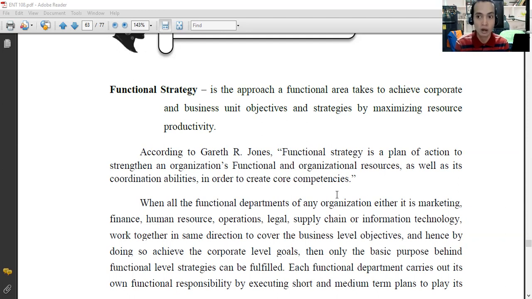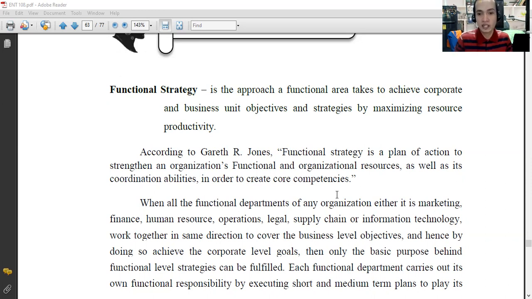We have HR or human resource management, accounting, finance, operations, strategic management, and organizational development. These functions should be tackled with a specific functional strategy in order to deliver value, or in other words, so that an organization can attain a competitive advantage.